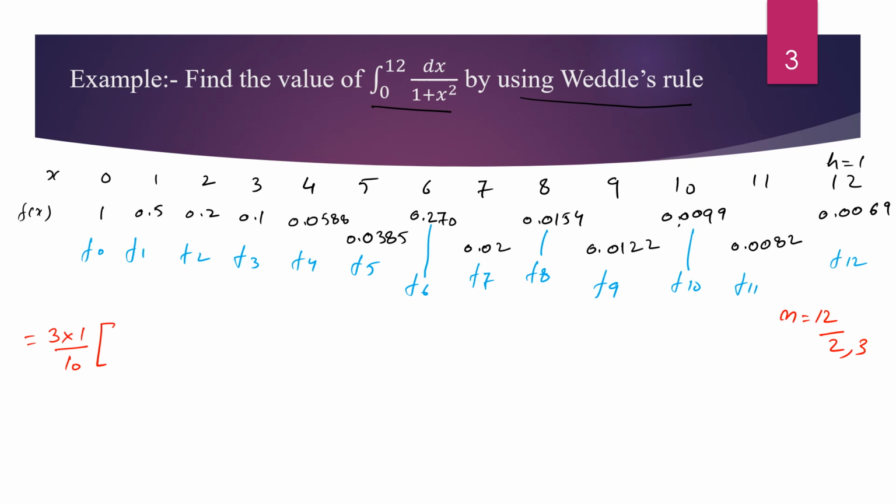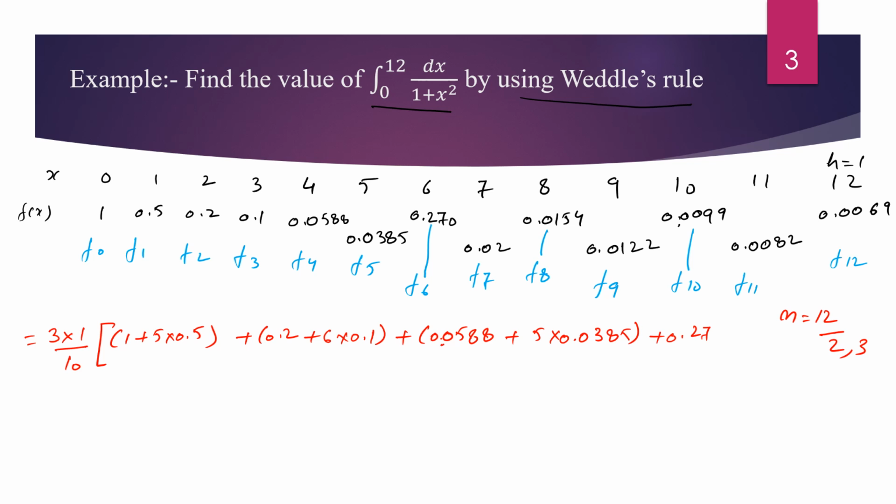By using Weddle's rule, we are using 1 plus 5 into 0.5 plus 0.2 plus 6 into 0.1. I am just putting the values from the table into the formula. The formula is mentioned on the back side of this slide, the previous slide. You have to just evaluate it using the formula.